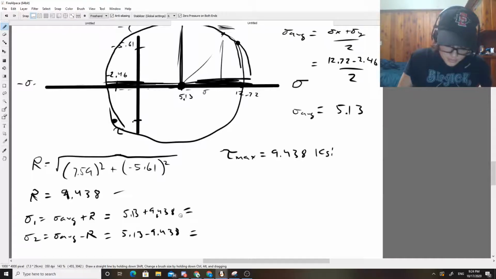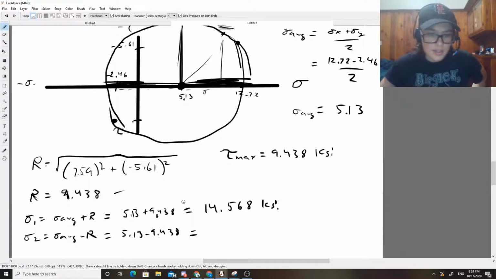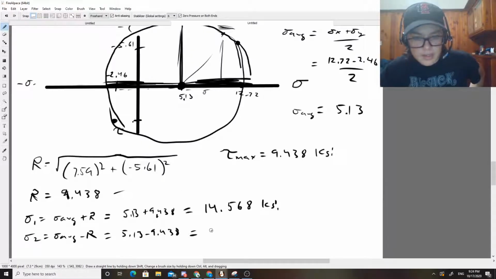And that's going to be equal to, on one side, 14.568 KSI. And on the other side, negative 4.308 KSI.